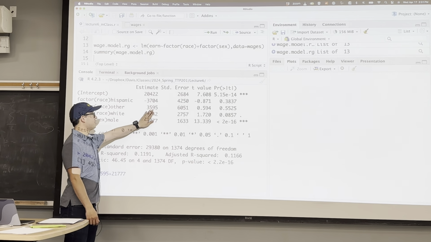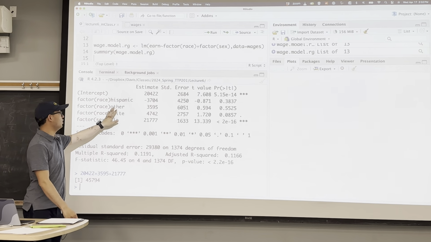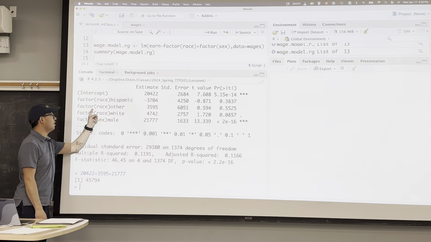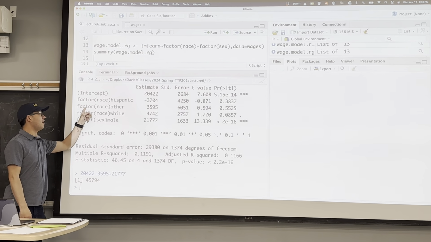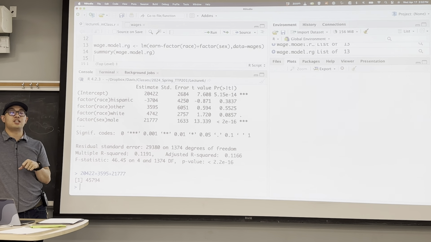What do you guys think? Can you repeat the question? Yeah. So we know what statistical significance is, hopefully at this point. This value is not statistically significant, which describes this effect of the other race. So my question to you is, if you are race other, would your income not be statistically different from 0?